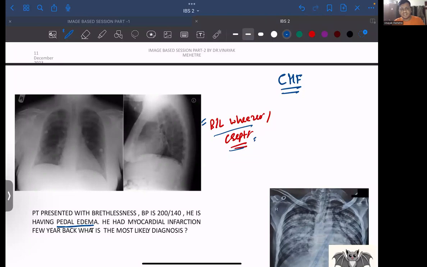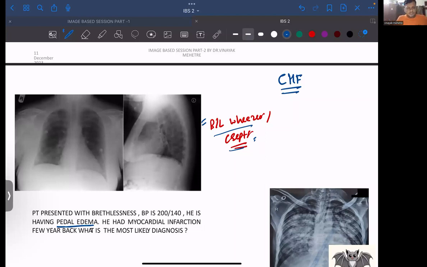Even in that, the creatinine can be increased, as in the case in front of you. It is all complex, but just remember: BP is increased, pedal edema, history of MI, CHF. Even in a CKD patient with pedal edema and bilateral wheezes, the patient is now in CHF. He needs dialysis to decrease this CHF effect. Okay.